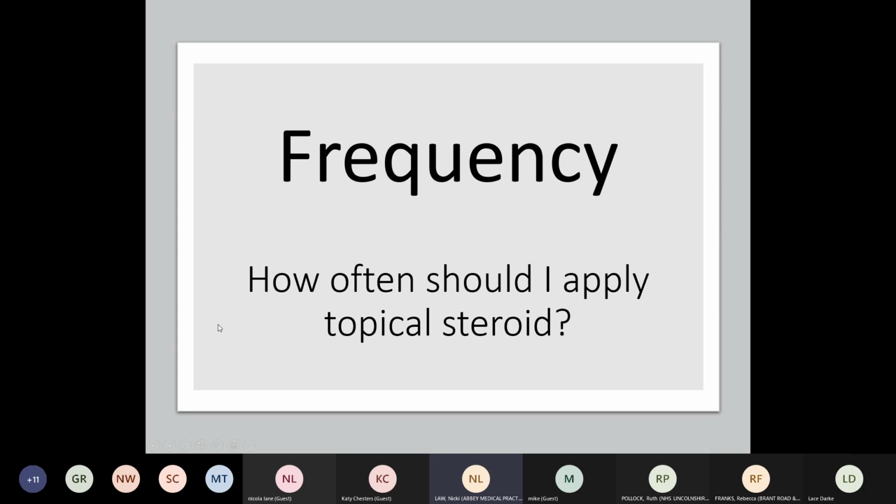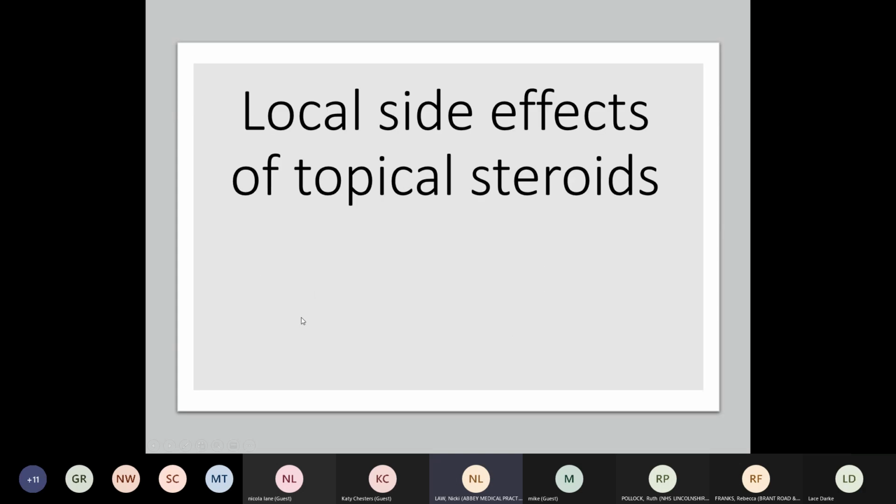What they found is that we always used to prescribe all topical steroids twice a day, but then they did some studies and found that actually potent topical steroids are as effective used once a day, but obviously your side effects are going to be fewer if you're only using it once a day rather than twice. So generally, if I'm prescribing hydrocortisone, that would be twice a day. Anything stronger than that, I just do it once a day, and that works just as well, but you minimise the side effects. And talking about side effects, do you know any side effects of using topical steroids?